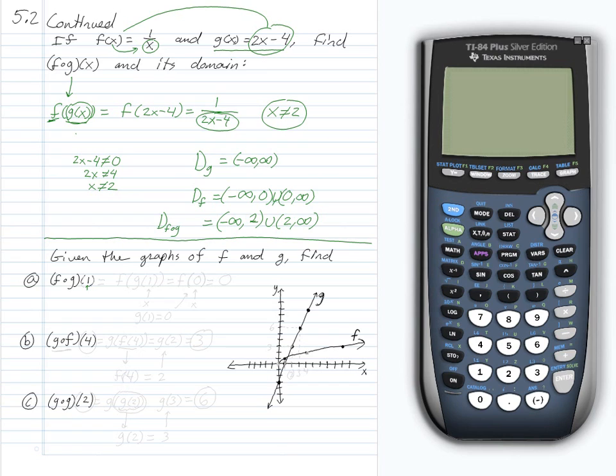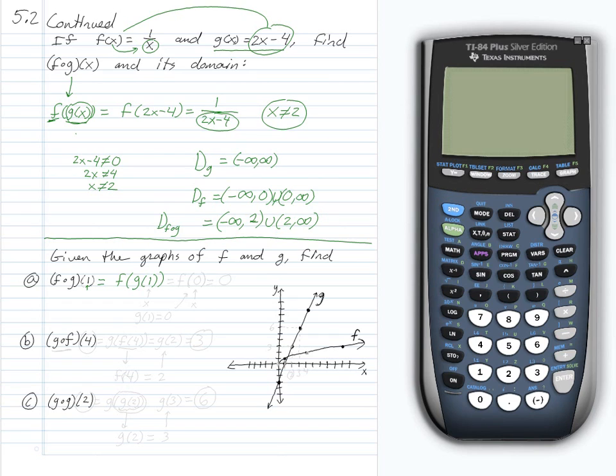I would argue that's quite a bit of work, and we can avoid it by thinking of the definition. So f composed with g of 1, what's that asking for? It's asking us to take 1 and plug it into g, calculate the result, and plug the result into f, and calculate the result of that.